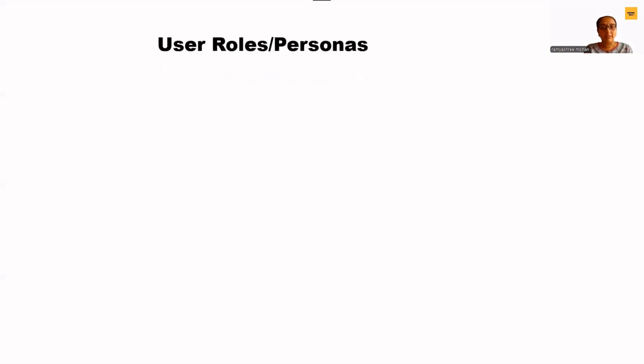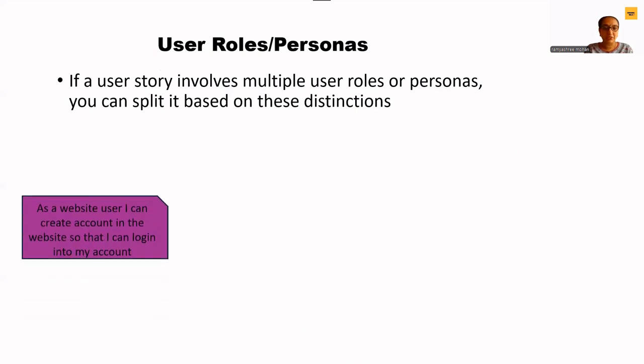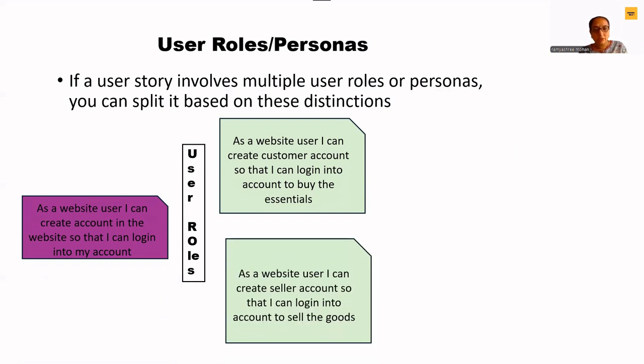So user personas. If a user story involves multiple user roles or personas, you can split it based on these distinctions. So as a website user, I can create an account on the website so that I can log in to my account. So as a website user, I can create a customer account so that I can log in to the account to buy whatever I want, to buy the products, to buy the essentials. As I told, there is a customer who's a buyer, there's a seller also, right?